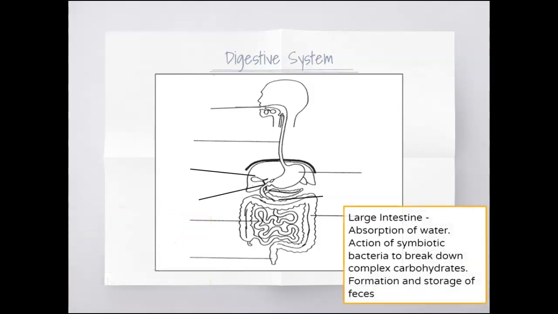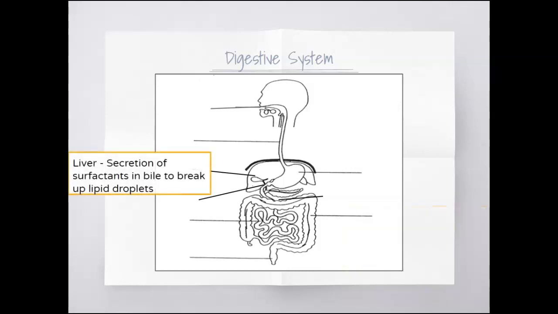And then the large intestine is responsible for the absorption of water. So small intestine, absorption of nutrients, large intestine, water. Also, once the water is absorbed out from the large intestine, this is how you form and store feces.